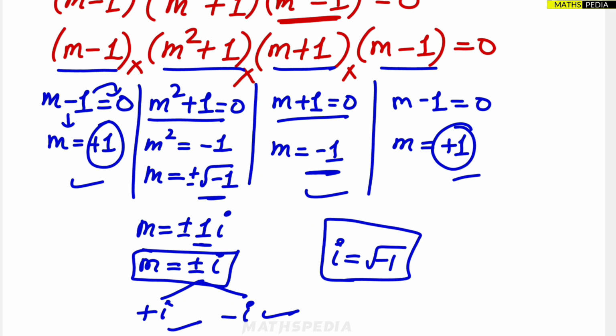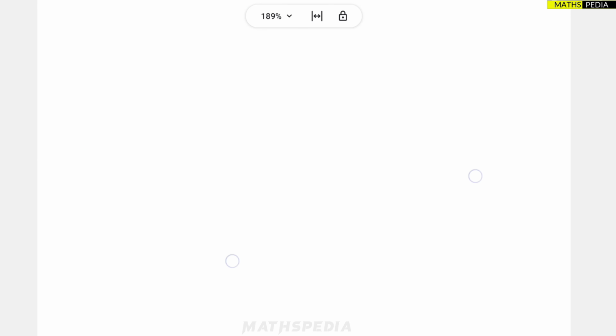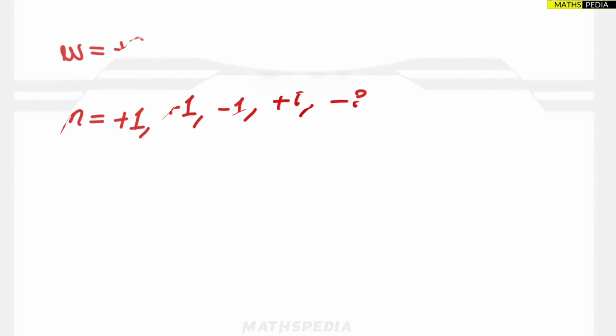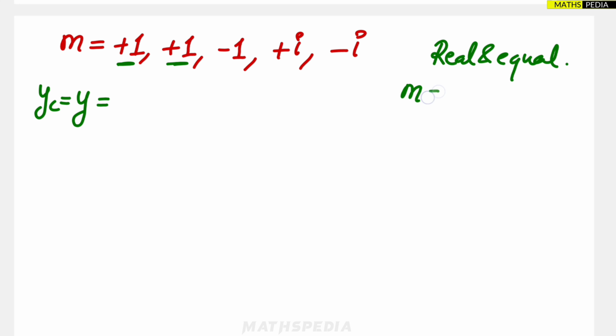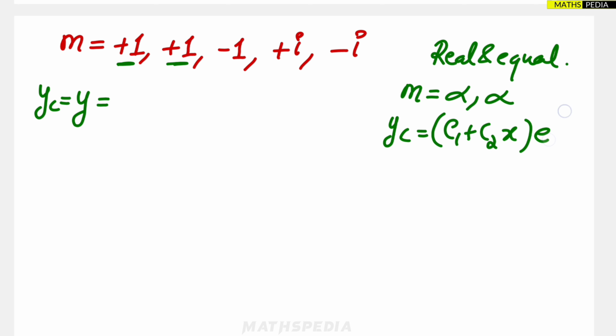After getting these roots, you have to write the solution. While writing, be careful, yc is nothing but the solution. First of all, you have to understand that here plus 1, plus 1, we got 2 equal roots. When you get real and equal roots, suppose m values are alpha and alpha, then yc can be written as c1 plus c2 x whole into e power alpha x.